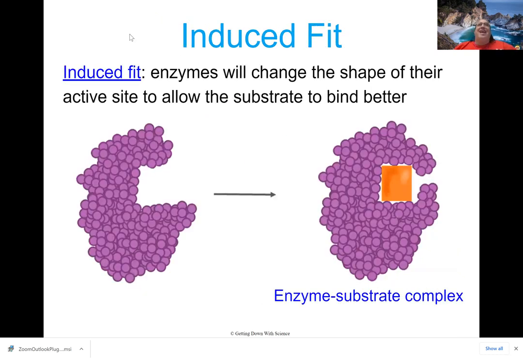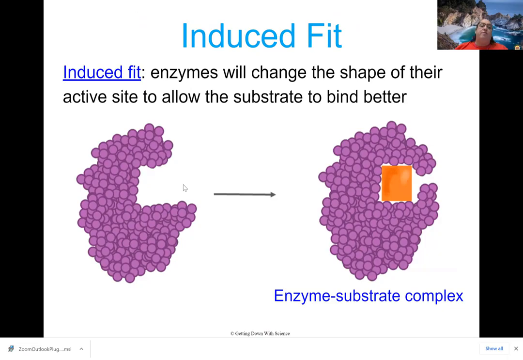So the idea is really that while we're talking about it like, oh, this specific thing fits in this slot and nothing else does, the reality is that we have what we call an induced fit. So the enzyme will actually change the shape of the active site to allow the substrate to bind better.